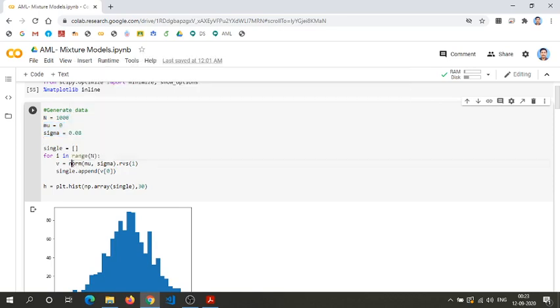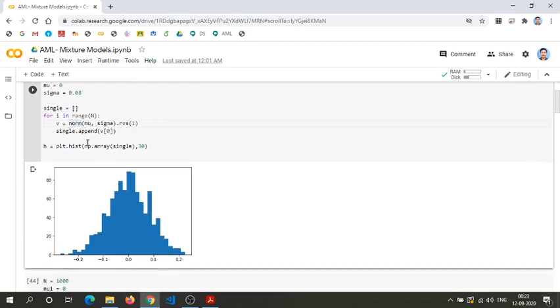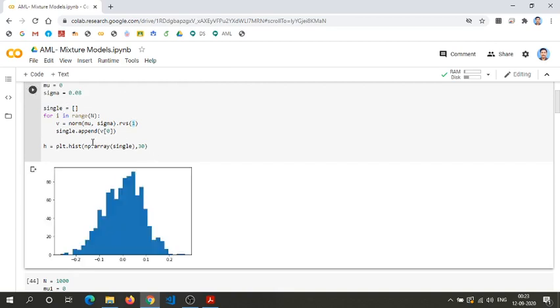This you can generate with a very simple command, which is imported from scipy.stats norm, mu comma sigma, number of random variables equal to 1. So you create one random variable, append it to single, create the second variable and append it to single, and so on. You run this, you will get this histogram. Let's look at what is in single.